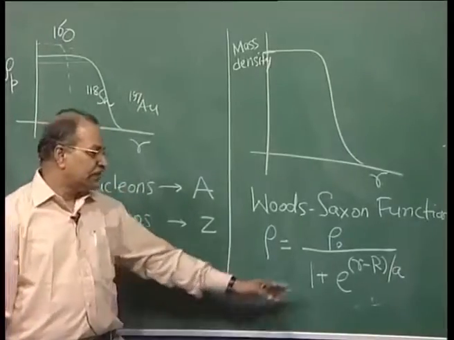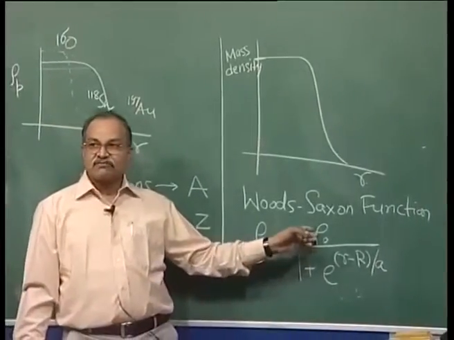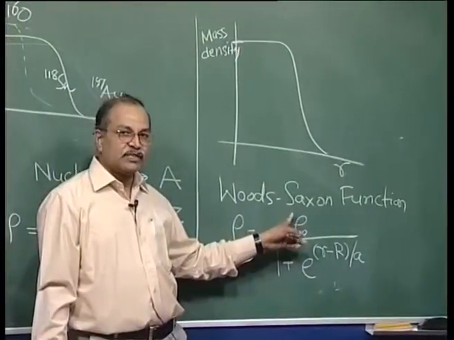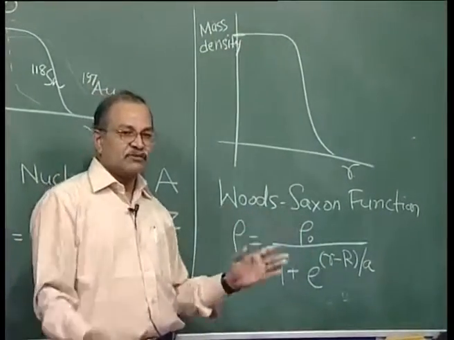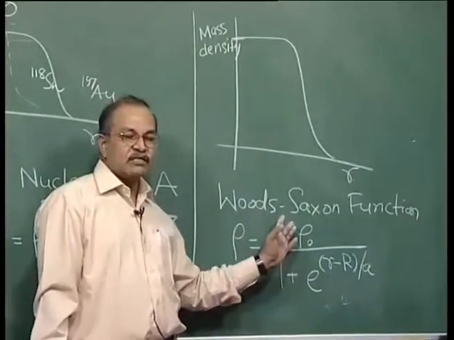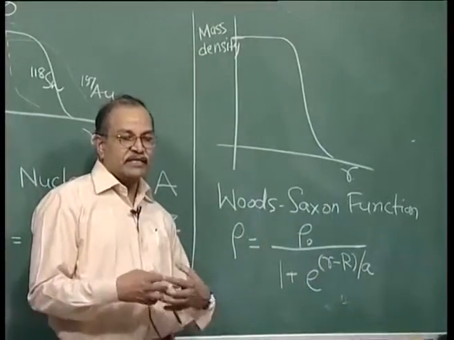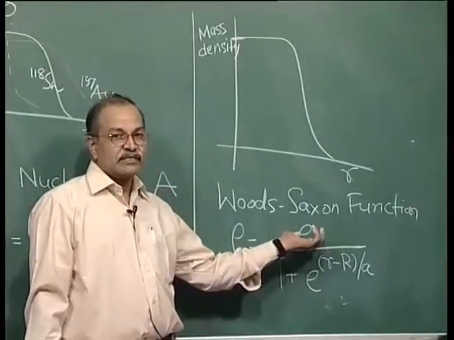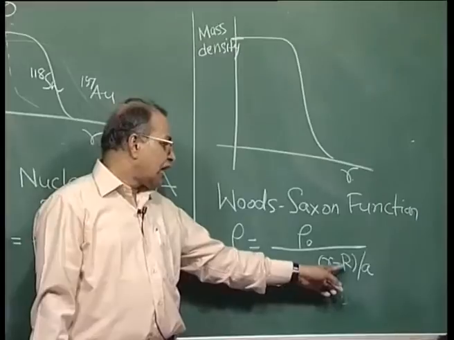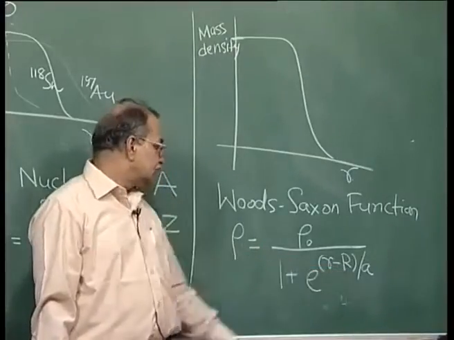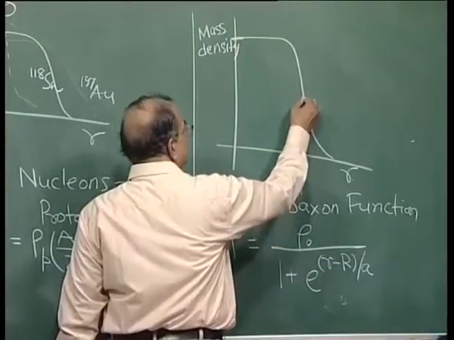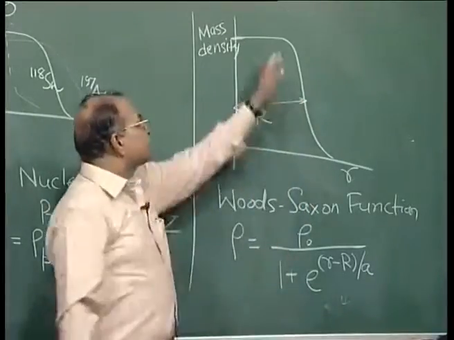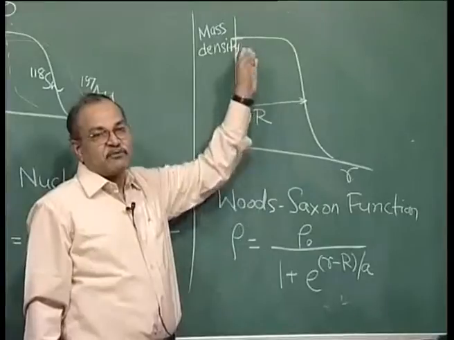Okay. Now, in this there are 3 parameters. One is rho naught, which is a constant, and this tells you the total mass if you are writing in terms of mass, or the total number if you are writing in terms of number. This capital R is the distance where the density falls to half its maximum value.